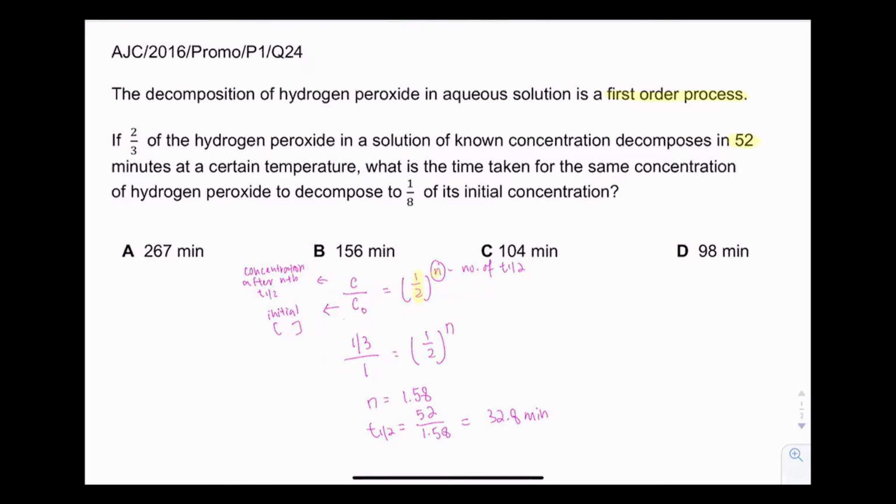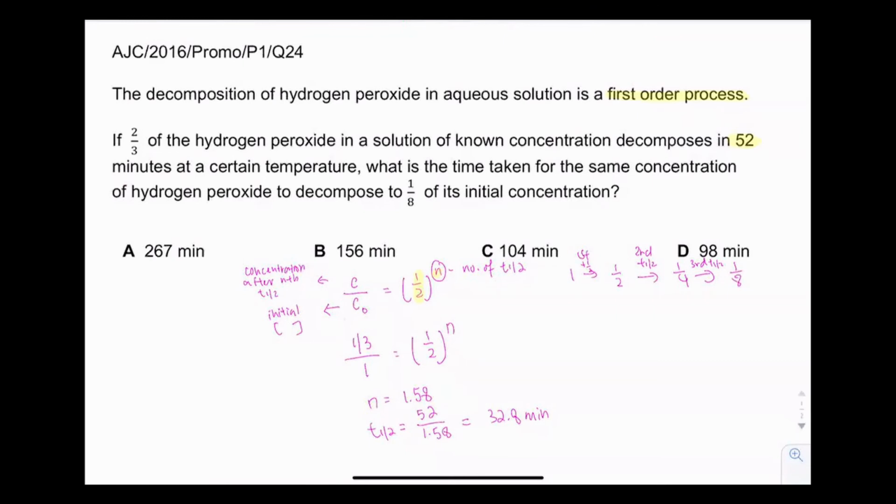Now I have to see what is the time taken to decompose to 1/8 of its initial value. From 1, after the first half-life, it will decrease to half. After the second half-life, it will decrease to 1/4. And after the third half-life, it would decrease to 1/8 of its original value.